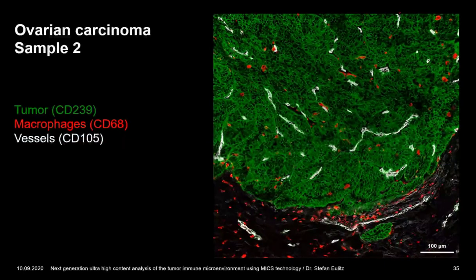So here you see macrophages in red and vessels in white. Indeed, some of the macrophages seem to be located along the vessel in the tumor core and in the tumor margin.